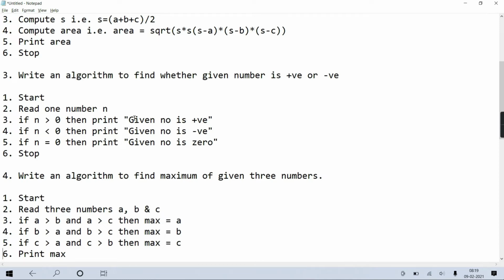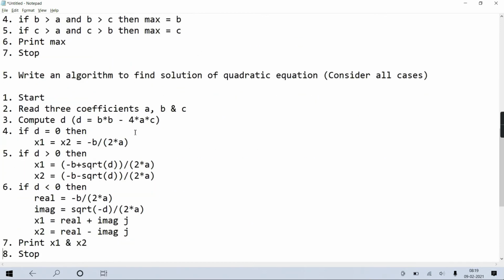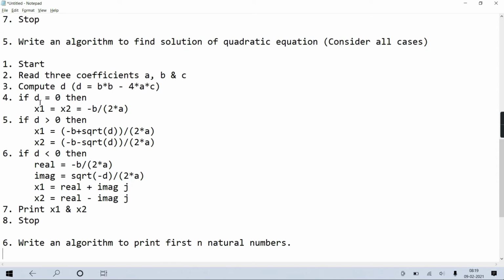If n is positive, these other two won't run. If this is true, the first and third won't run. Same case in the quadratic: if d is 0, this runs and the other two won't. If d is greater than 0, the first and third parts won't run. So it was controlled on the basis of a condition.